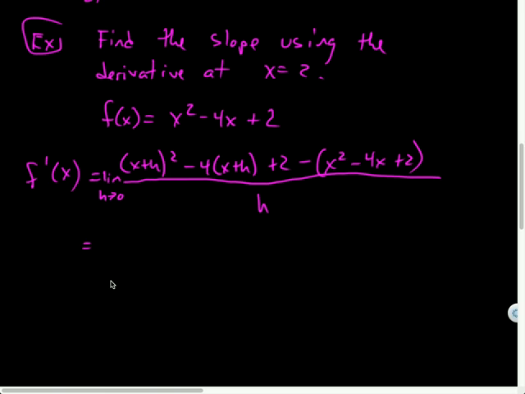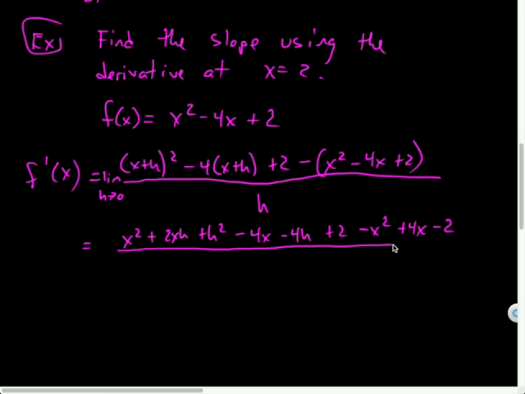So let's simplify this and see what happens. x plus h all squared is x squared plus 2xh plus h squared, minus 4x minus 4h plus 2, minus x squared plus 4x minus 2, all over h.